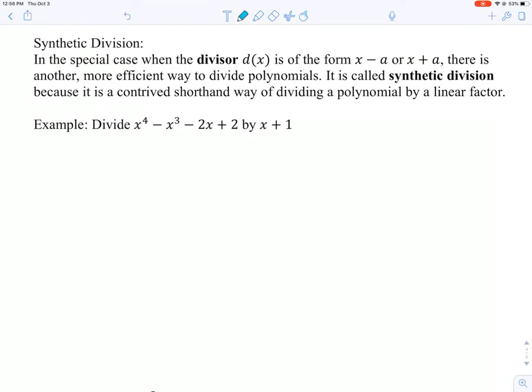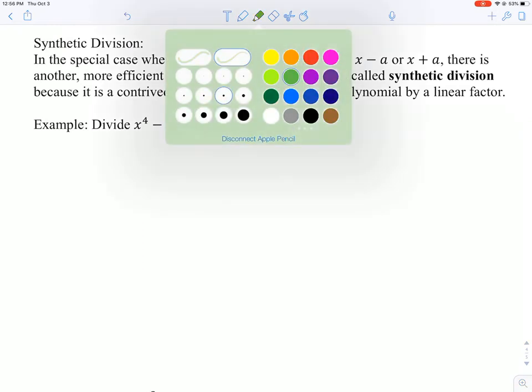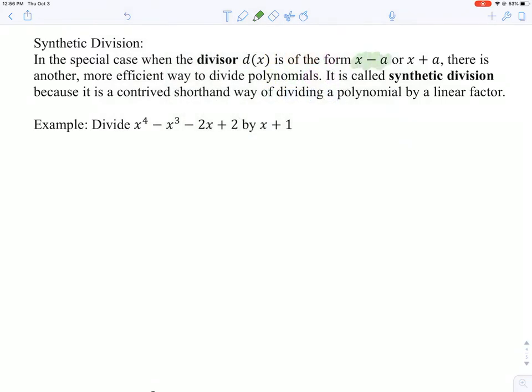All right, synthetic division. So synthetic division is a nice little shortcut for a special case. That special case is when the divisor is in the form x minus a or x plus a. So not a number times x minus a or a number times x plus a.